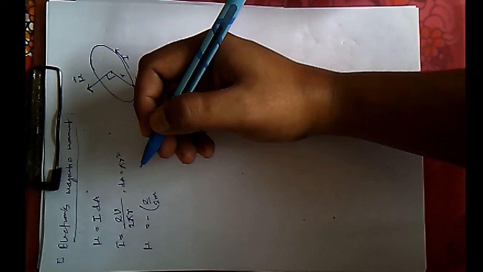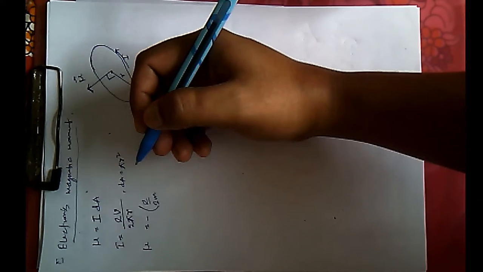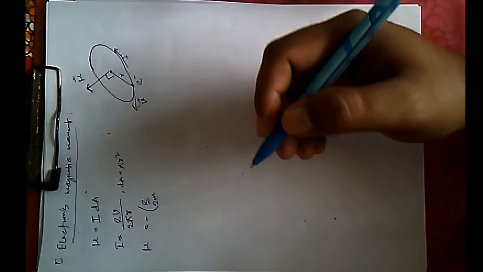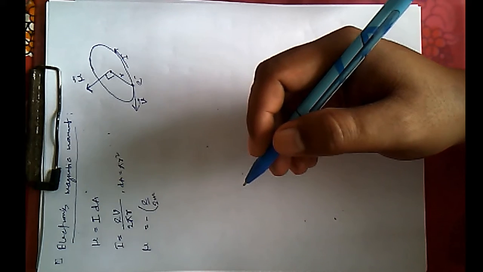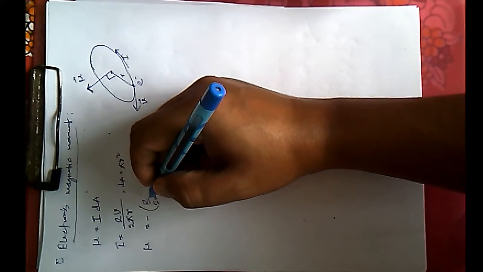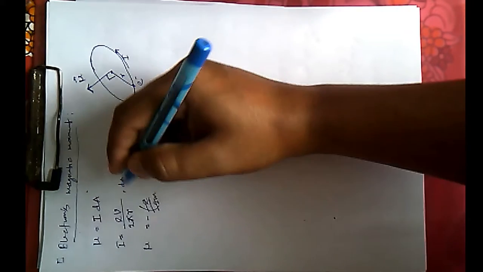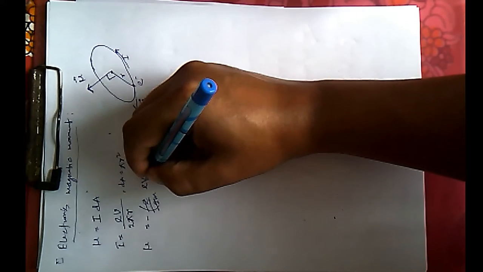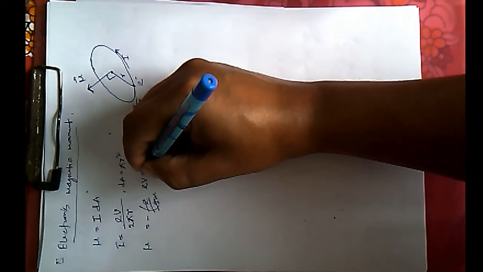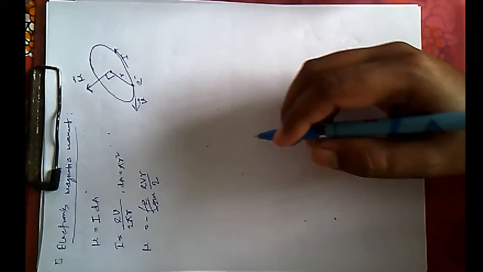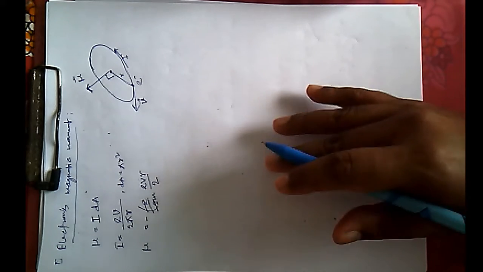So this is very simplified. Let me write it in a simple way: e v, 2 pi, r squared.